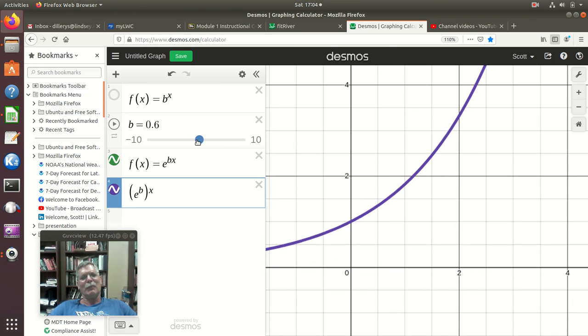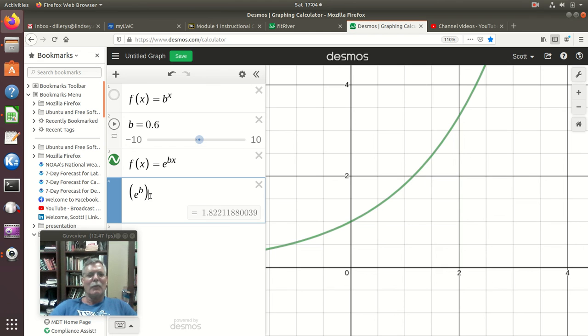Now here's where it's a little different, because you see, if I'm using this e to the bx, well, if b is between 0 and 1, then it still is growing. Well, why? Because, let's get rid of this x here and look at the value of e to the b.